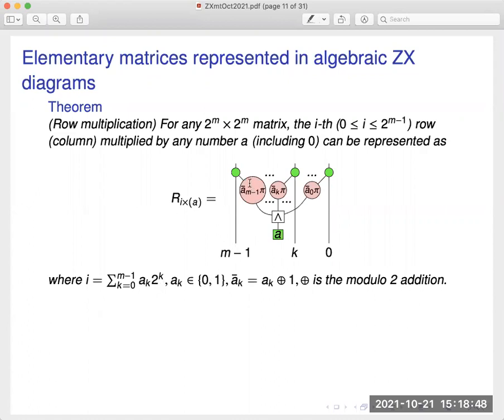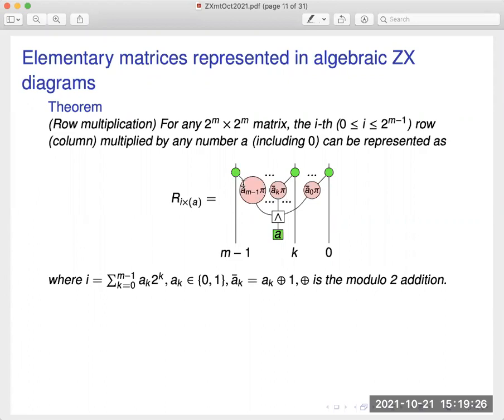Here you take the complement, which I call a_k bar, and the label is a_k bar times pi. That means if a_k is 0, then its complement is 1, so you get a pi here. But if a_k is 1, then the complement is 0, so you get a 0 here. 0 means it's just the identity. So you get these labels here, up to label m minus 1.